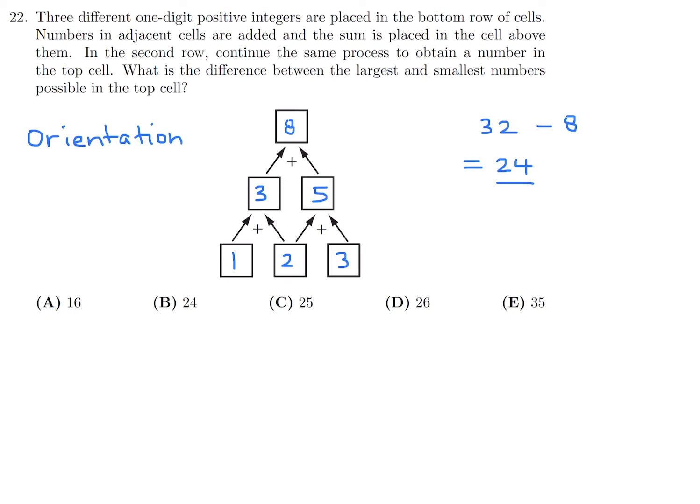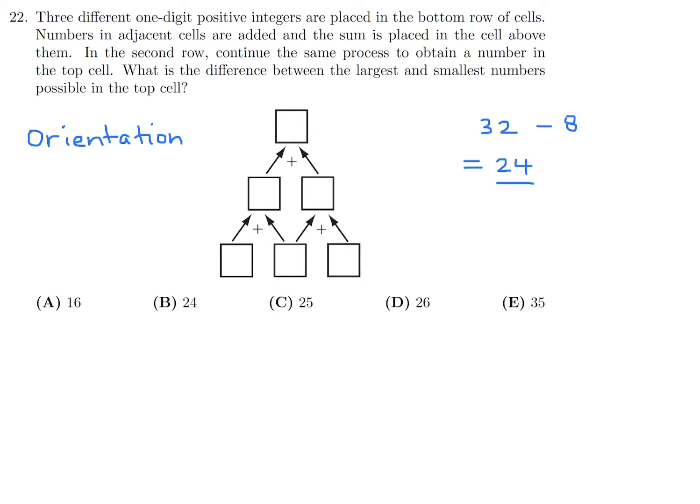Orientation is wrong because the 1 needs to go in the middle, right here. And similarly, when you put the big numbers, 9, 8, 7, the 9 also has to go in the middle. That's how you get the absolute smallest and the absolute largest. So this question is a little tricky, and unfortunately, that is wrong. But I wanted you to see that because a lot of students will make that mistake.